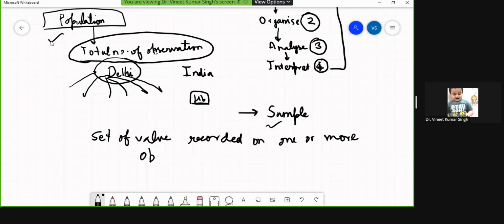Statistics can be of two types. It can be of descriptive statistics. Descriptive means which describes the data set.